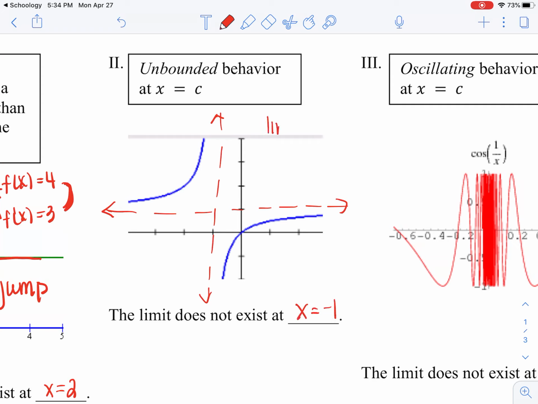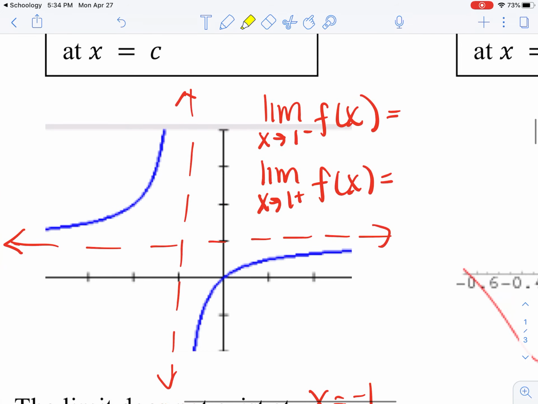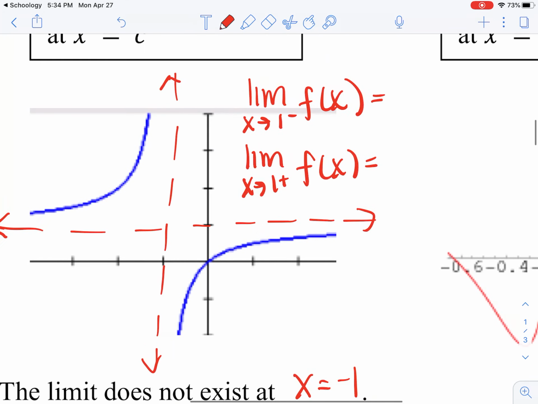Because if you look at the limit as x approaches -1 from the left, I'll call it f of x again, and the limit as x approaches -1 from the right, these are 2 different values. It's supposed to be -1, did I put that down there? I did. We approach -1 from the left.